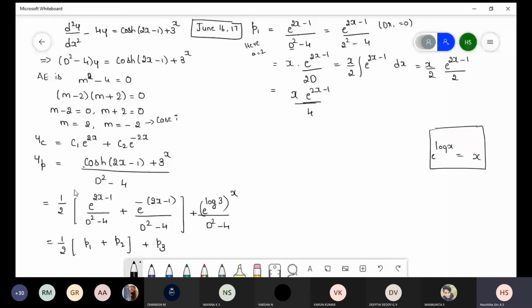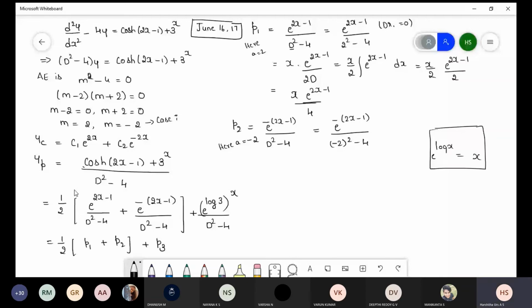Next we write for P2. e^(−(2x−1)) divided by D² minus 4. Here what is our a value in P2? It is minus 2. So e^(−(2x−1)), and here also (minus 2) squared minus 4. Minus 2 whole squared is plus 4, minus 4. So again the denominator we get is 0.